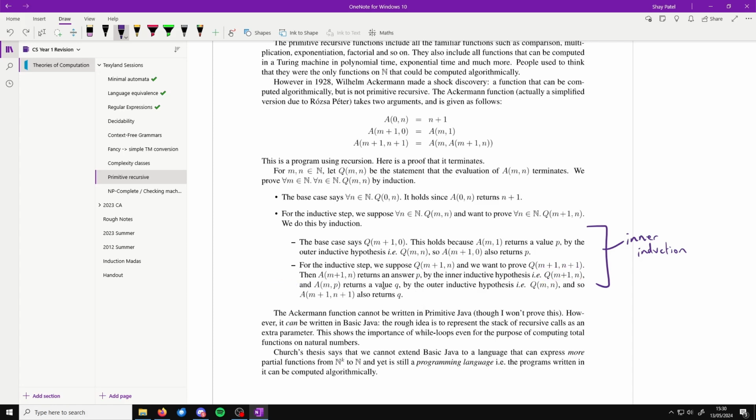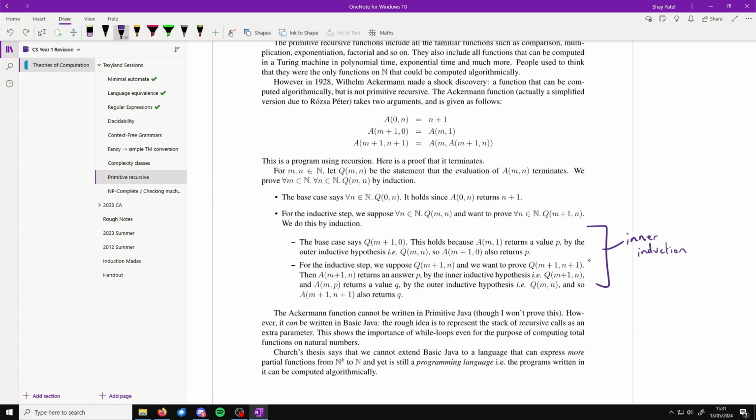And A m, p returns a value q by the outer inductive hypothesis. So the return value of this call here is then passed into this whole function, which then terminates this.